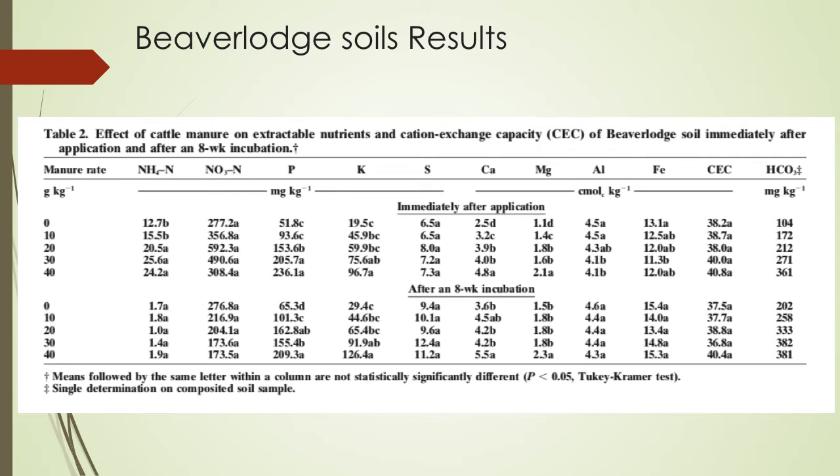The bottom section is post-incubation at 8 weeks. All the way on the right, talk real briefly, the manure had bicarbonate in it, and you can see very clearly the top row was at 104, and then it jumps up to 172 immediately. So there were additions of bicarbonate in the manure application.